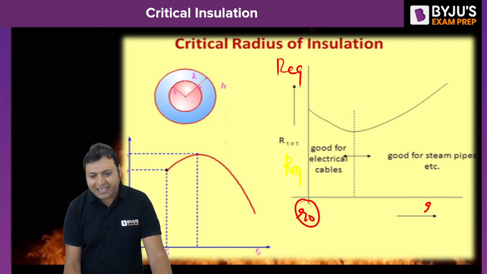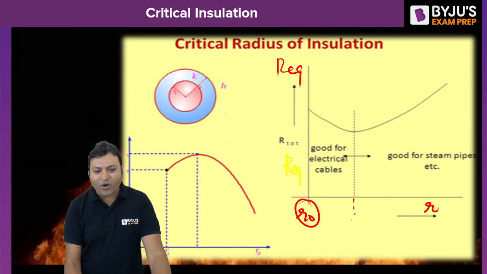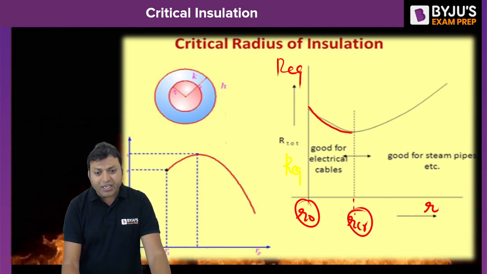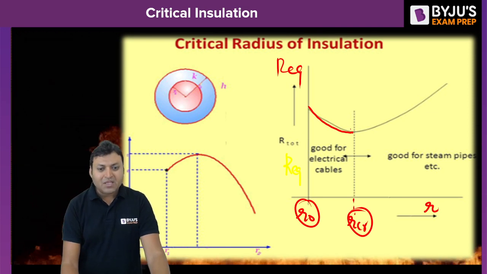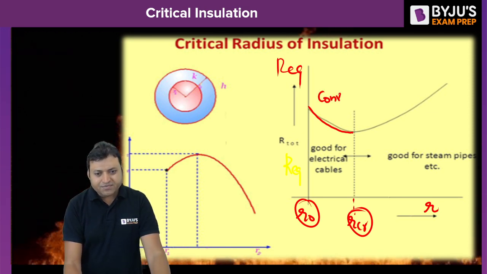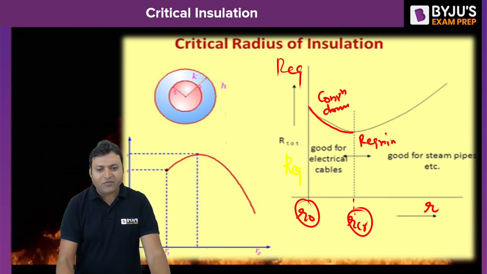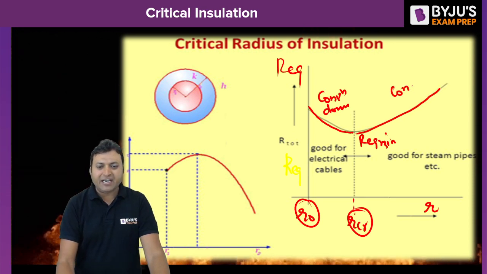As we increase the radius of insulation, a point comes that is called the critical radius of insulation. Initially, the equivalent resistance will decrease because convection dominates. It will attain the minimum value, and then it will start increasing because conduction will start dominating.